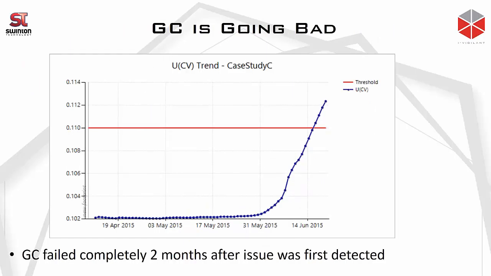I would like to show you that this method can actually identify an issue before we actually have an issue in the GC. In this particular case, we have a GC that had been working very healthily for a while. And as you can see, from this particular point, we start seeing a drift in the uncertainty. What happened here is a drift in the response factor.